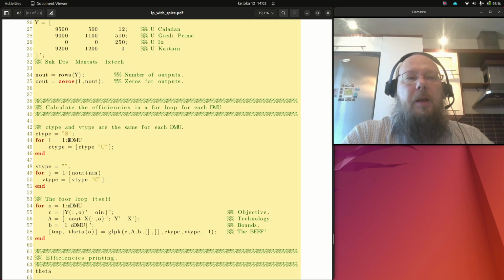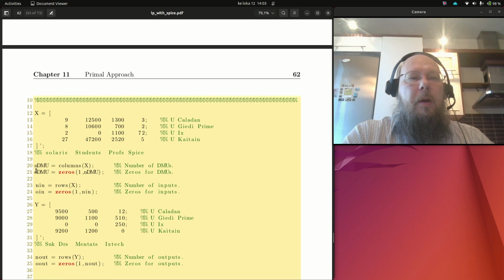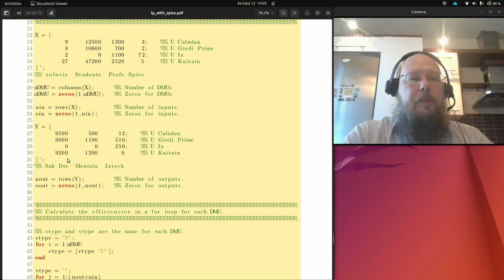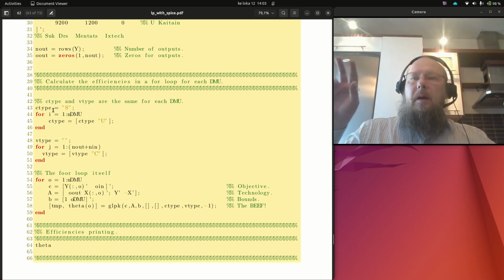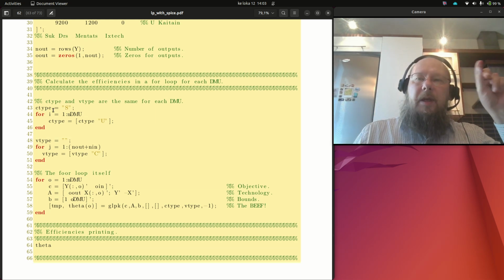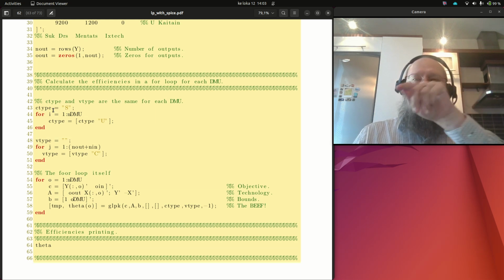Remember that NDMU is the number of columns of x, the number of DMUs. And then I put the constraint type appended by U. So after this loop, the C type will be a string where I have first S for strict and then U for each of the DMUs.